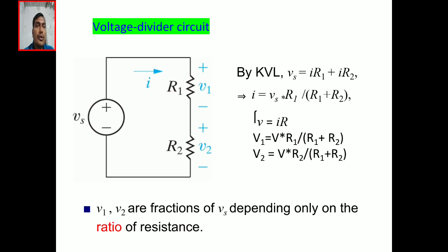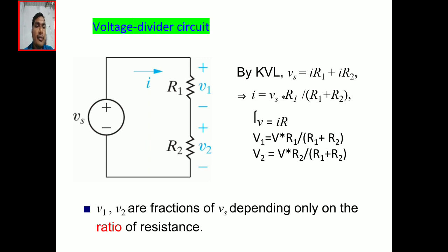Substituting the I value here, V1 is equal to V into R1 by R1 plus R2. This is the voltage drop across R1. For V2, it becomes V into R2 by R1 plus R2.